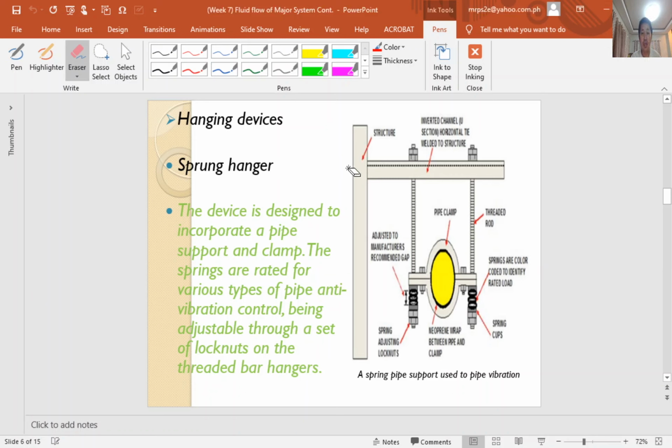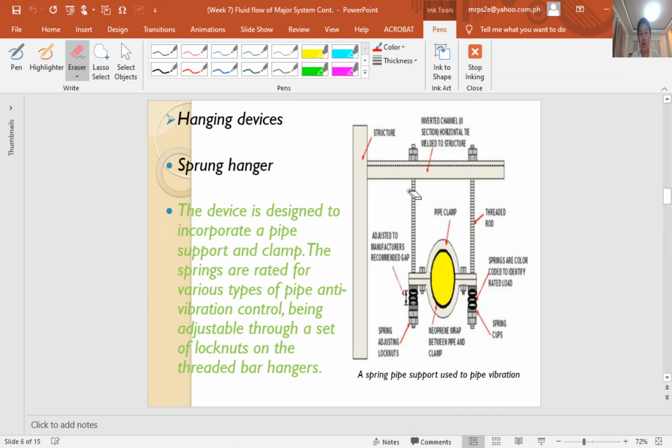So here, for example, this is a bulkhead or the structure. And here is an inserted channel and a second horizontal tie welded to the structure. So this is welded to the structure, probably to the bulkhead or to the beam, or in the post.